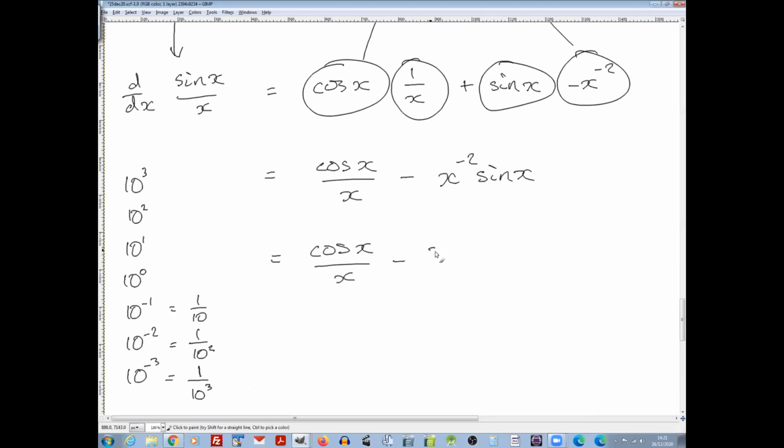In other words, we've got sine x over x squared. Now what?